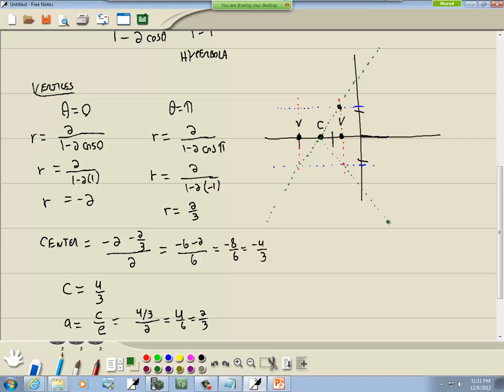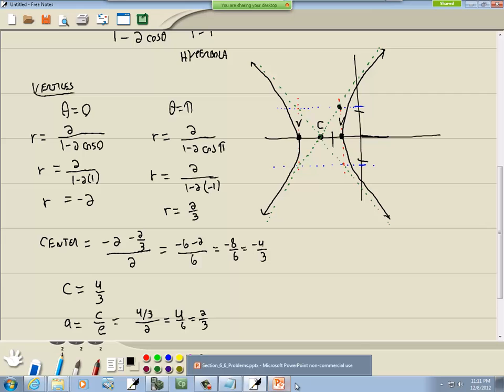The green there is our asymptotes. Okay, now that we have those, these are our vertices, so we know our graph will go like that, and like this, and same here. Now how fast does it start skimming the asymptote? I have no clue. I'm just guessing there. But that would be our graph.